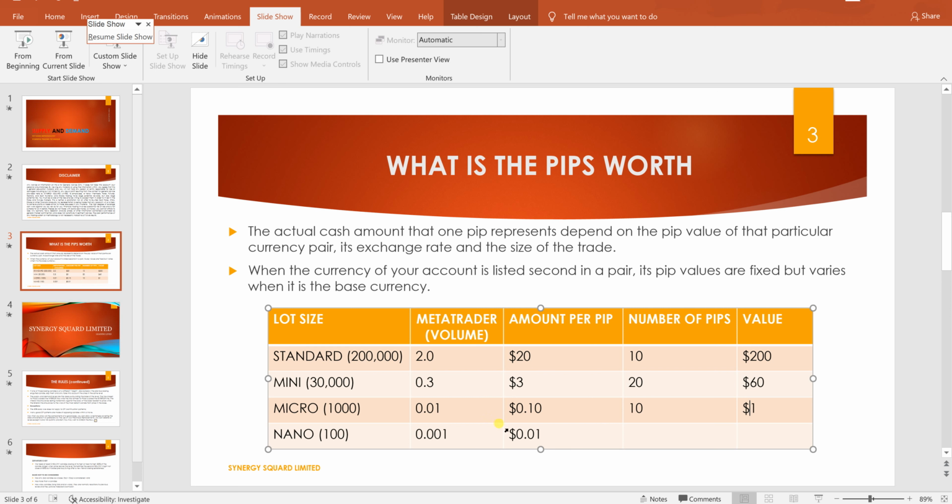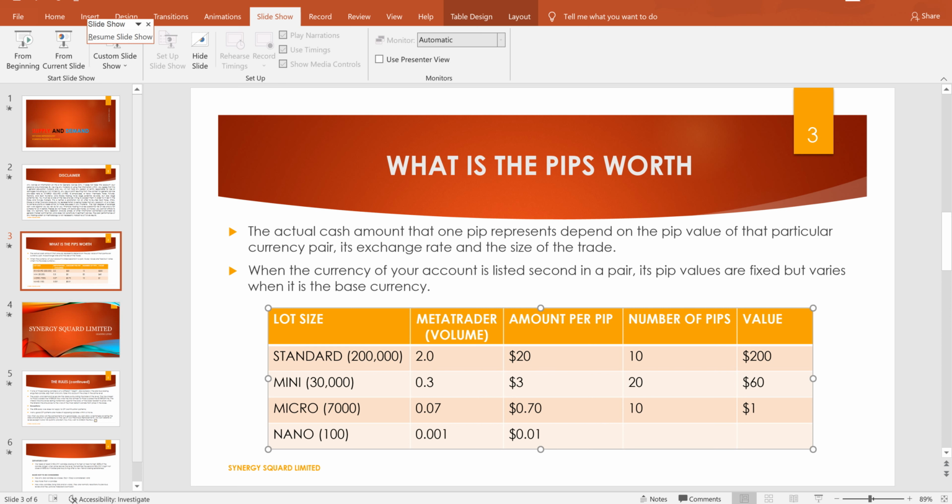Then what if we traded with 7 micro lots? Let us say 7 micro lots, which should be 7,000 units of currency. Then what will be the value or the amount per pip? It will be 70 cents. And so by 10 pips, it's going to be 10 times 0.70 or 70 cents.